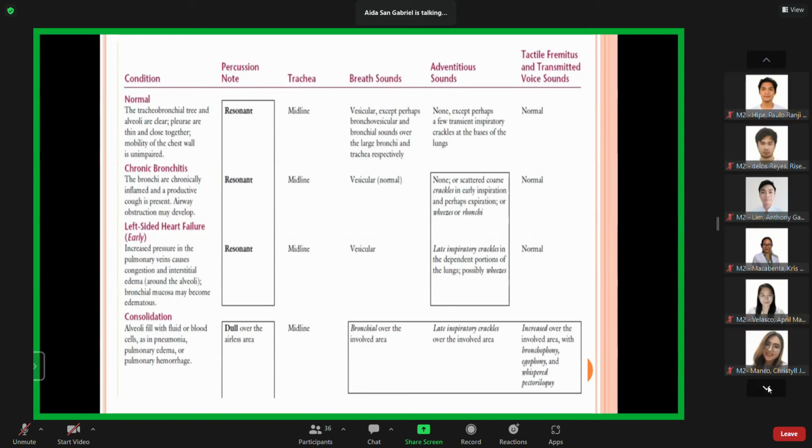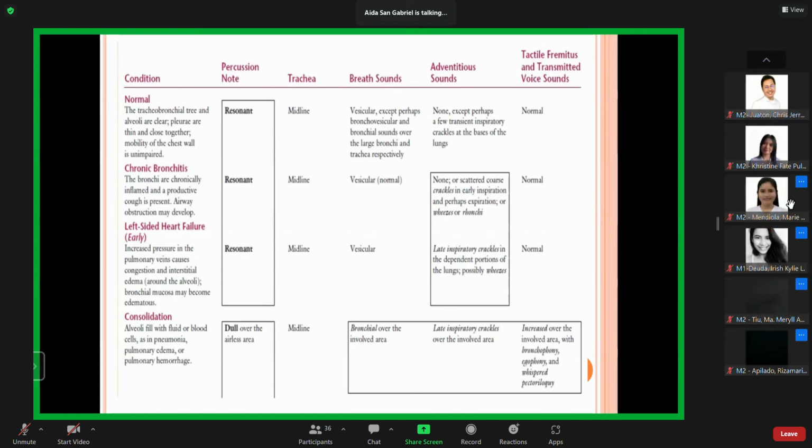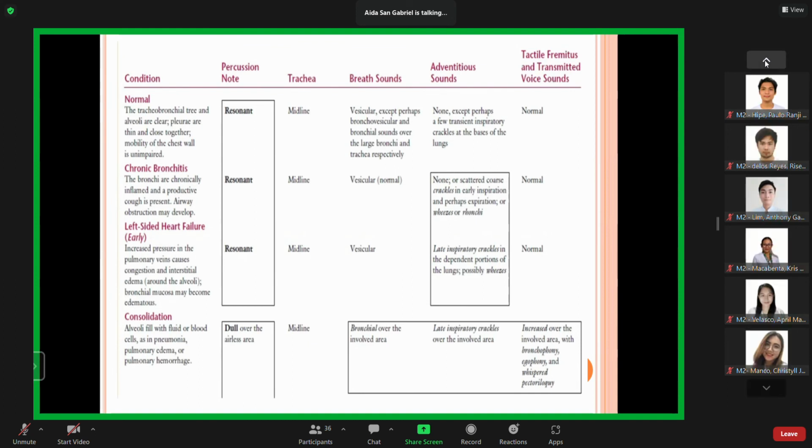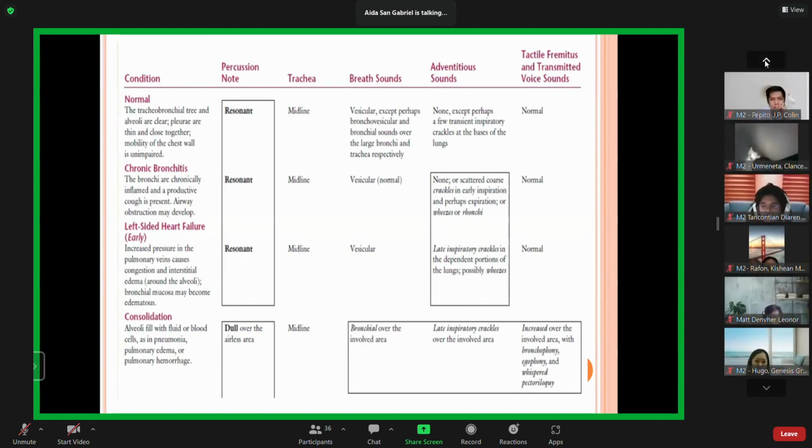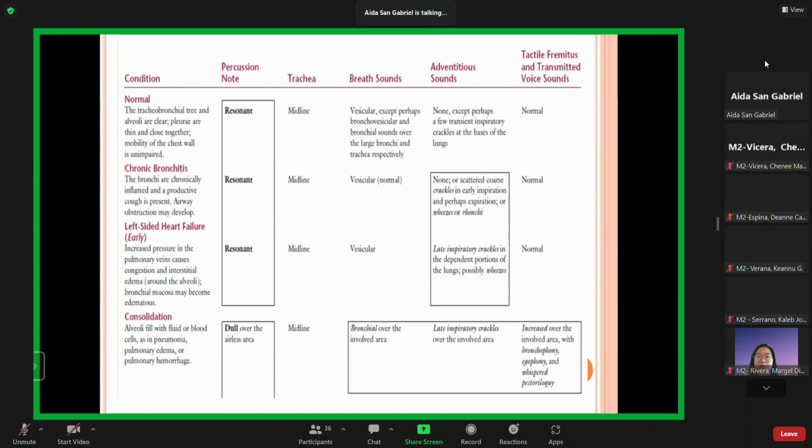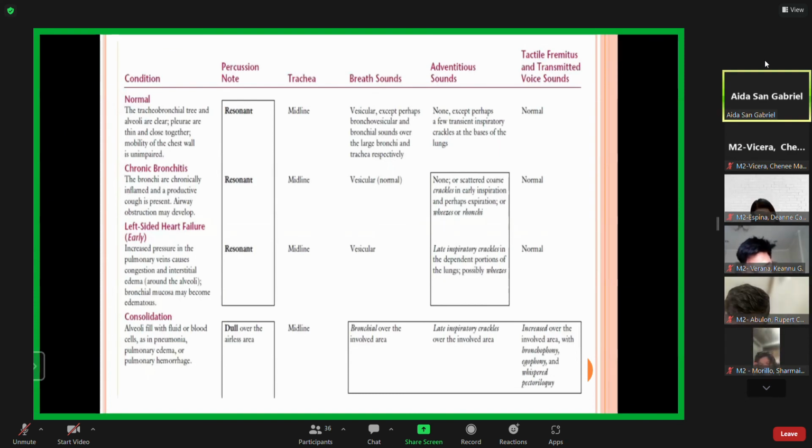Normally, we say the percussion note is resonant, the trachea is midline, the breath sounds mostly vesicular. You may not hear adventitious sounds, so no rales, no crackles, no wheeze. The tactile fremitus is unimpaired, meaning it is not increased or decreased, so normal.